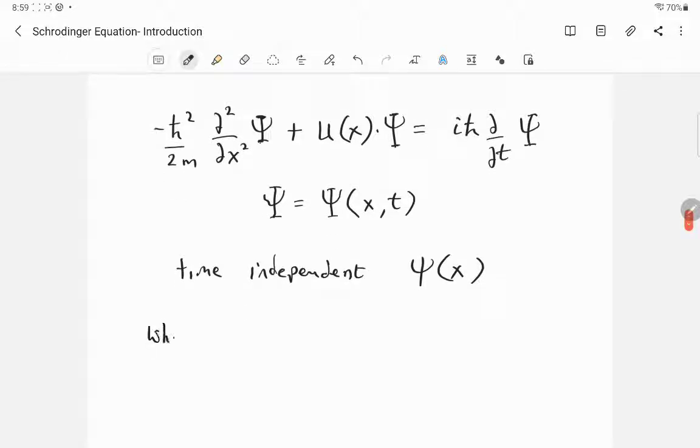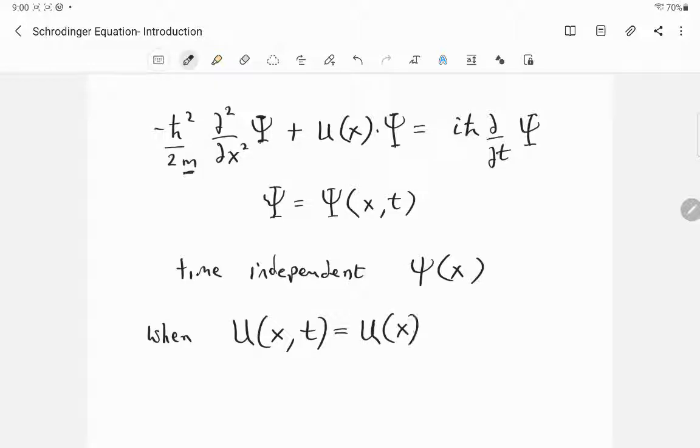So when the potential energy function, which in general actually can be a function of space and time, you can imagine a force that changes in time. But let's say that the forces that our little particle of mass m is under the influence of are actually fixed.